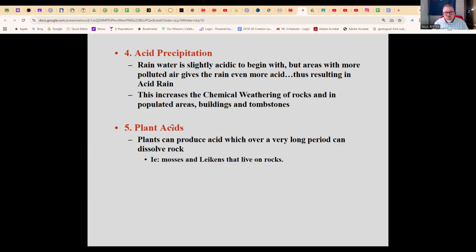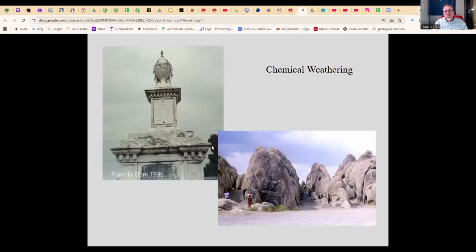Plant acids. When we talk about plant acids, in this chemical weathering, the roots and the little stem pieces of the plant grab on, producing an acid. So these mosses, these lichens, these other plants start to break down the rock. Here's a good example.